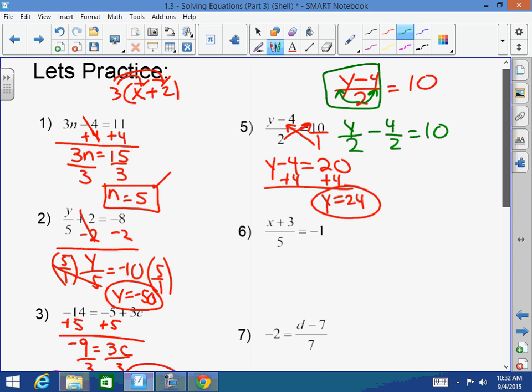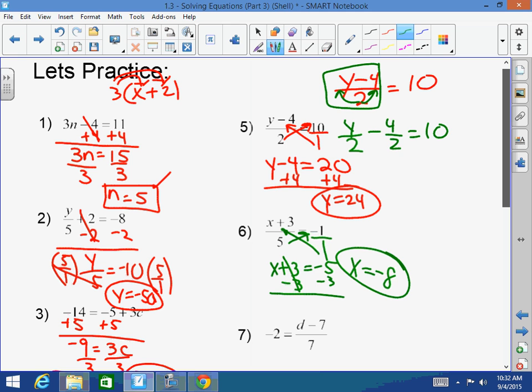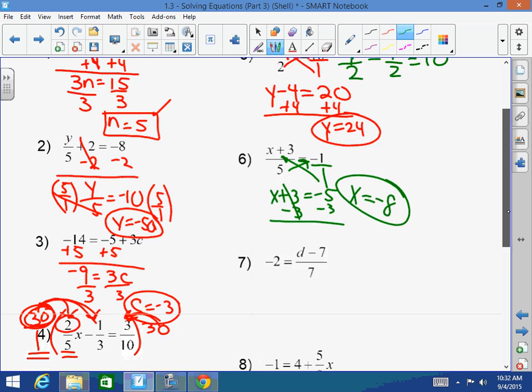So here, same thing. I got a negative 1 over 1, cross multiply, y'all. So I got x plus 3 equals negative 5. I'm subtracting the 5 because I want to get rid of that positive 3 that's being added to the x, and x will equal negative 8. Okay? Very simple if you just cross multiply them, in my opinion.